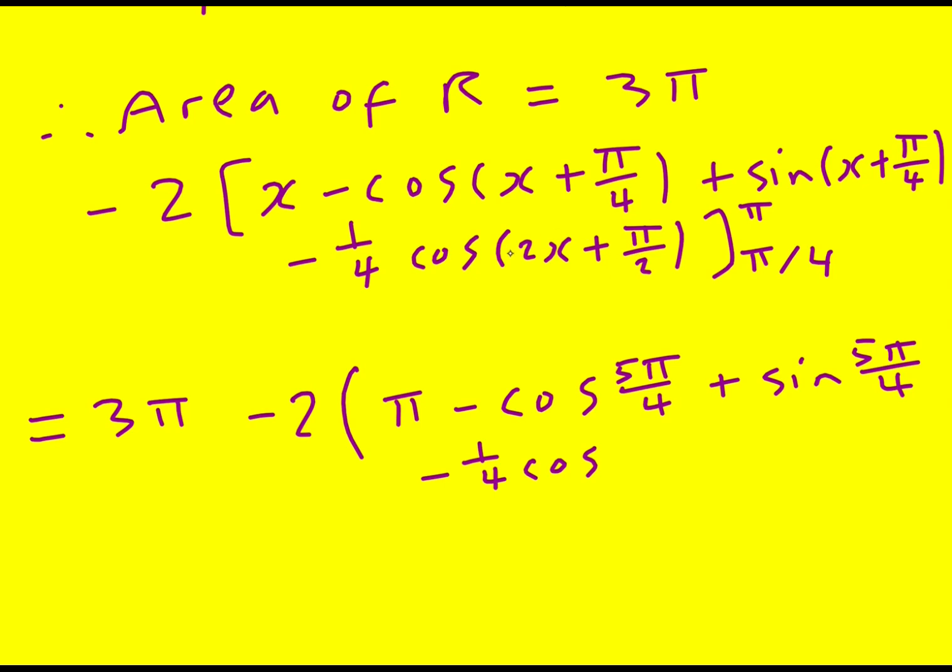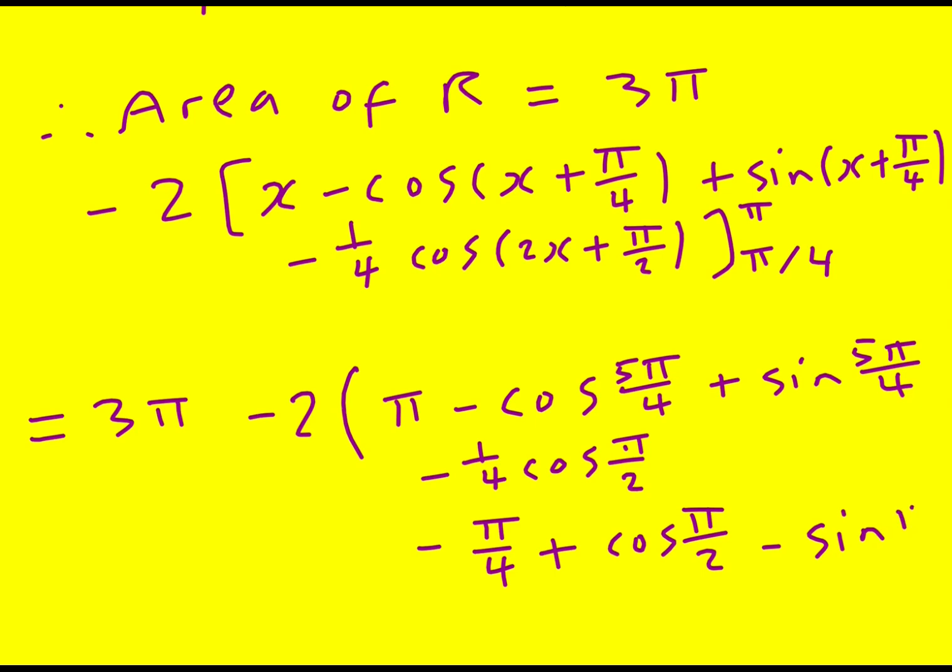Remember, cos is periodic about 2 pi, so this is just going to become cos pi over 2. And then I need to minus. I'm going to take care of the minuses as I go along. So minus pi over 4 plus cos pi over 2. So I've got a double negative, and pi over 4 plus pi over 4 is pi over 2.